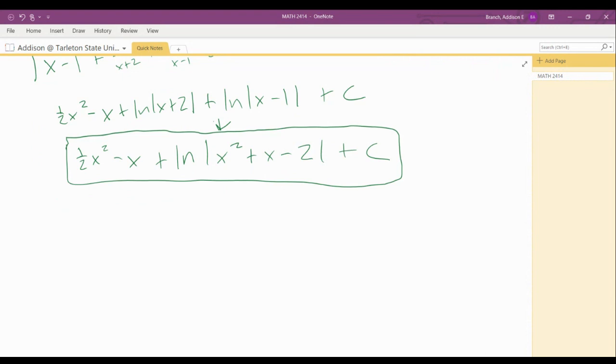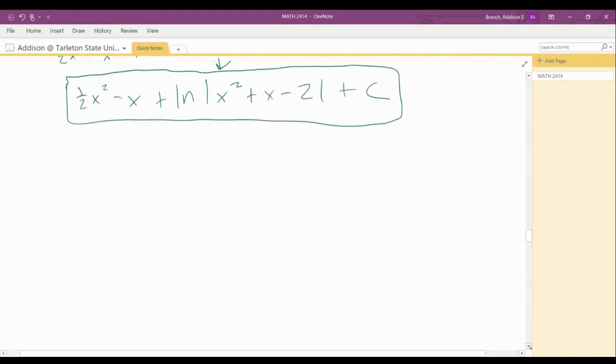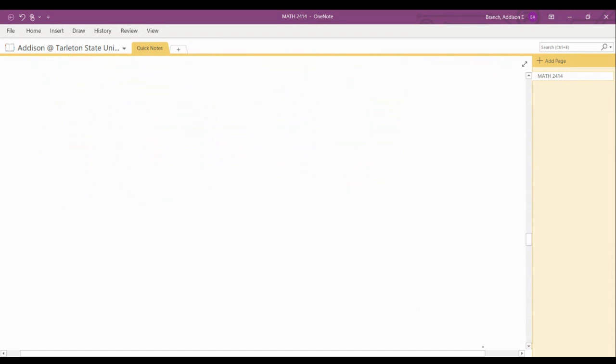All right, so now let's try another one. For this one, we want to integrate x squared plus 3x minus 4 over x cubed minus 4x squared plus 4 dx.